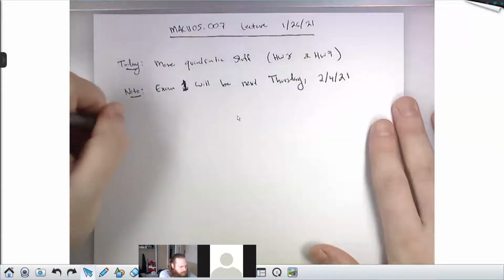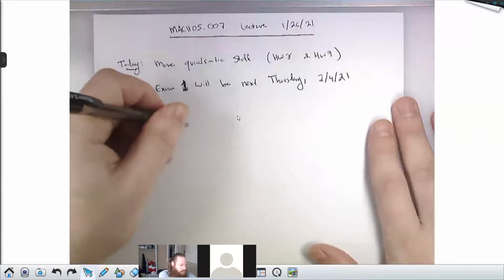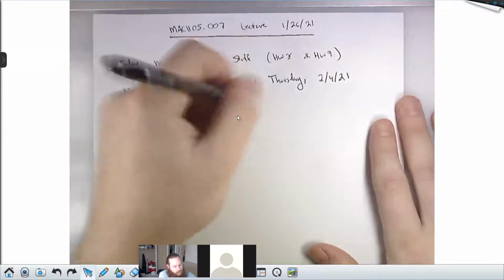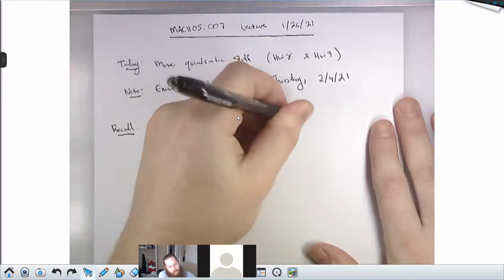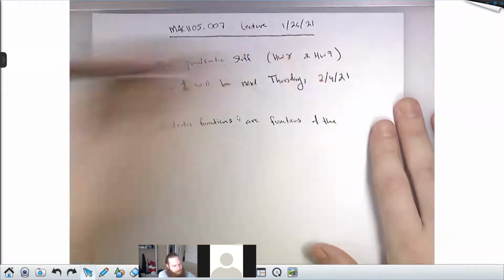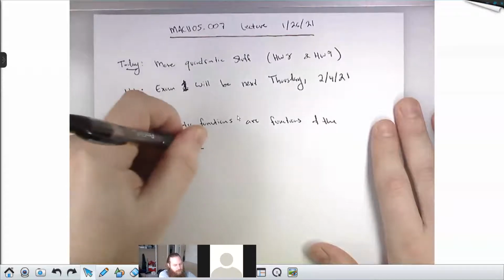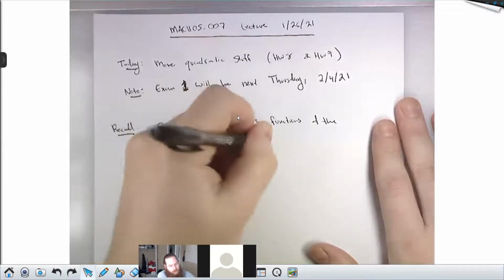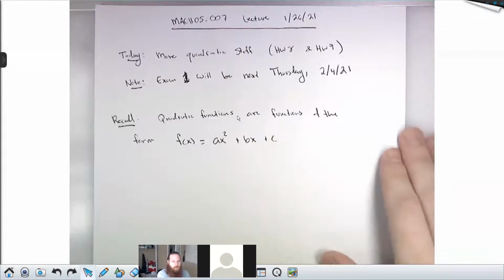Let's begin today by recalling that quadratic functions are functions of the form f of x equals ax squared plus bx plus c. We've learned how to write these in a couple of different ways.